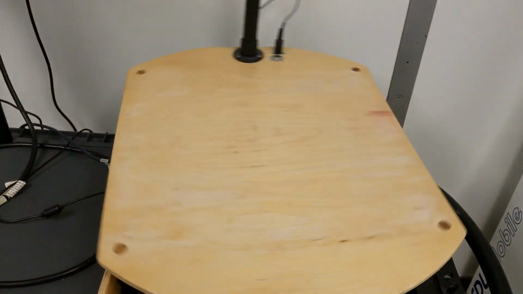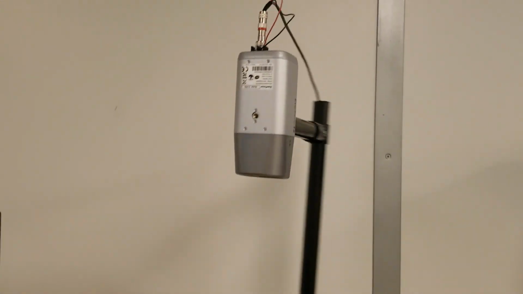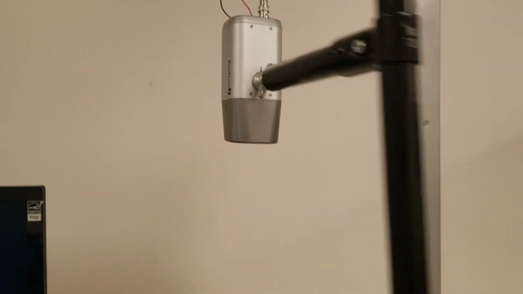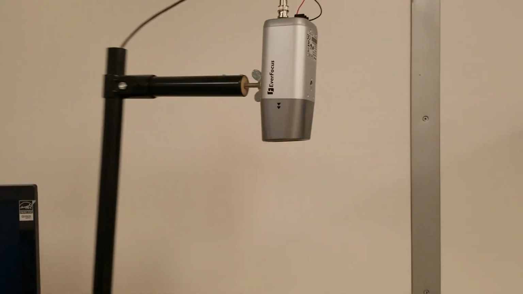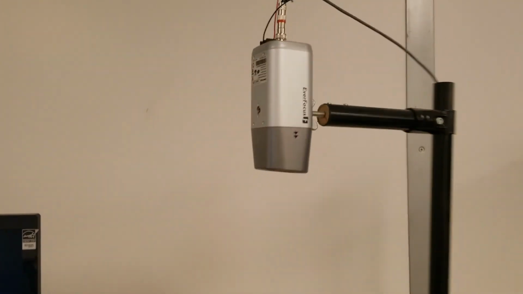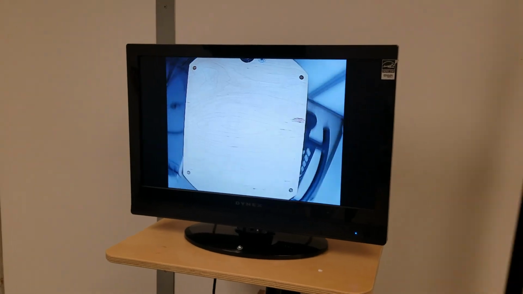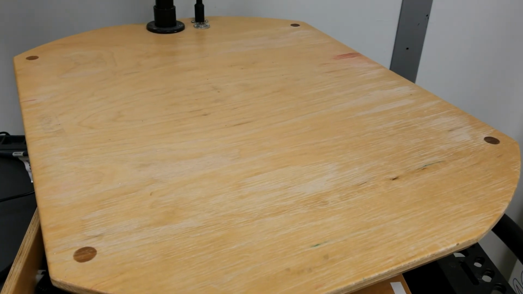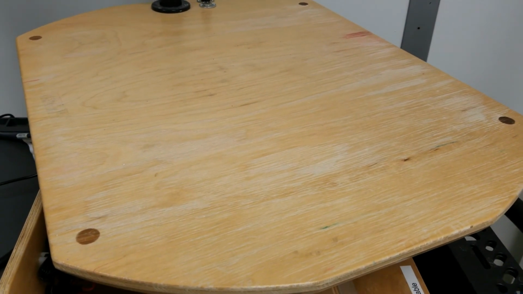Here we have a rotating table and a camera that is attached to this table, and it is rotating together with it. Because the camera is rotating, it is a non-inertial reference frame. And the video from this camera is projected on this TV over here. First, let us test if the table is horizontal.